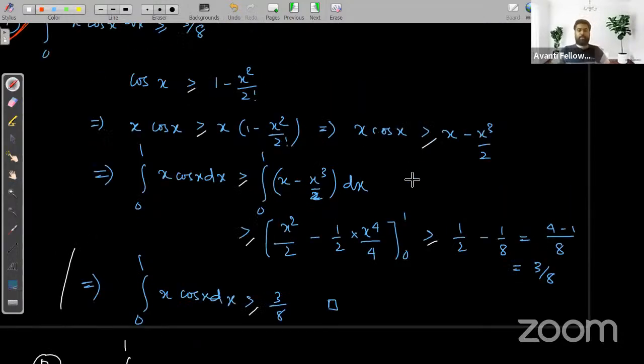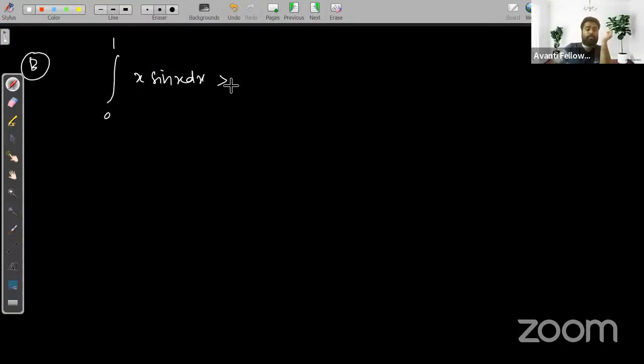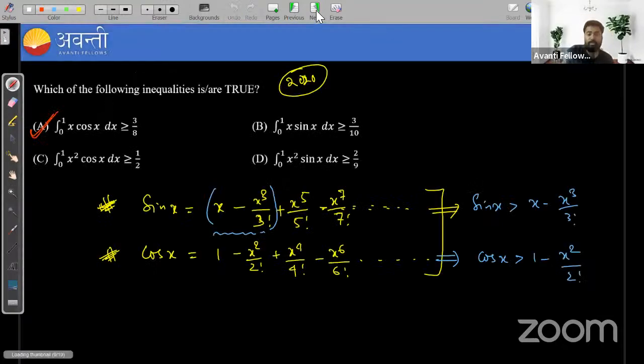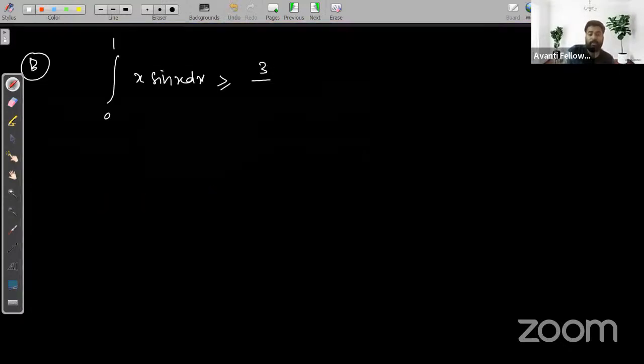So move to the second option. What is happening with the second option? We need to prove that it is greater than or equal to 3 by 10. We know sin x is greater than or equal to x minus x cube by 3 factorial.